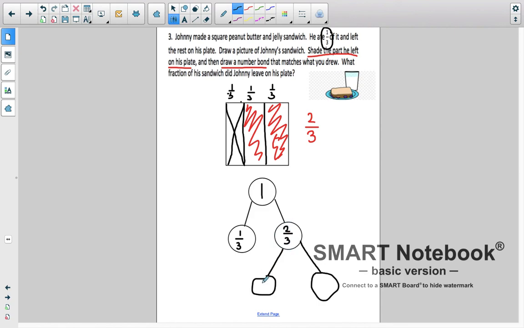So 2/3 is 1/3 and another 1/3. And if I added those together, 1/3 plus 1/3, remember the number on the bottom is 3, because it doesn't change. And if I do 1 plus 1, that equals 2, and that gives us 2/3. So that was a little challenge.